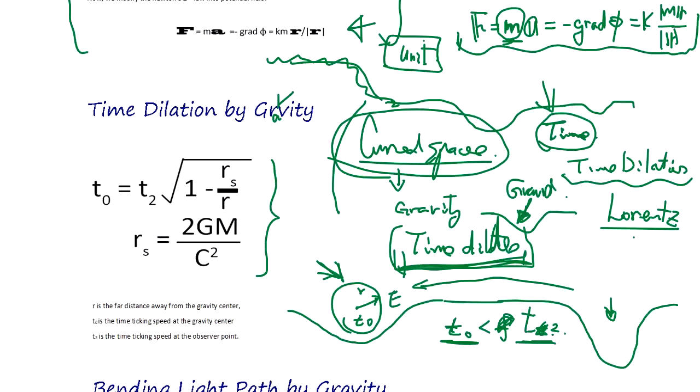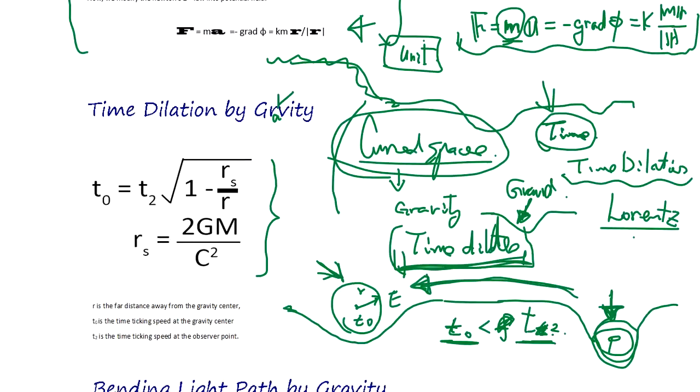So what happens? You're much younger than people on Earth. Okay, that's another way to do time traveling. You find a very strong gravity planet and stay there a few years and come back. Then you didn't gain age as fast as people on Earth. So there are many ways to do time traveling.